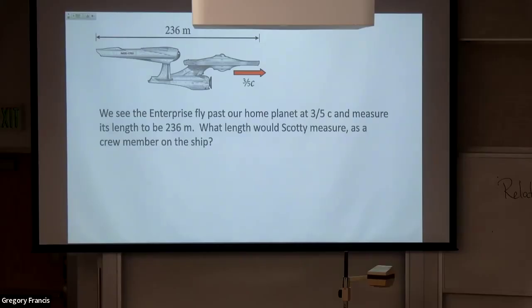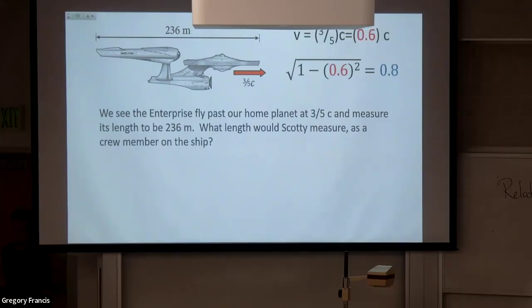If, however, you're measuring that ship as it goes zipping past your planet by having different people at different places, and you've got to take those measurements right at the same time here and there, that's going to be the shorter length, shorter by this relativistic factor. Okay. In this case, the relativistic factor is going to be 80% or 0.8.